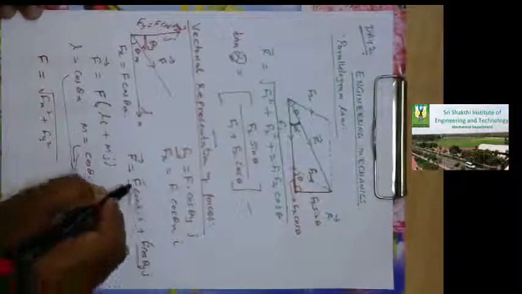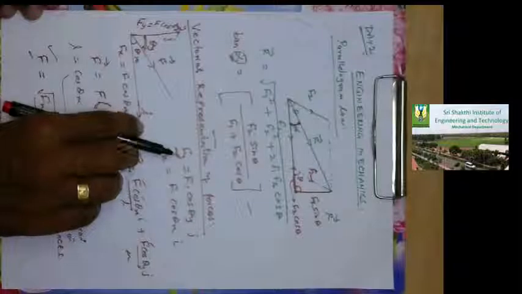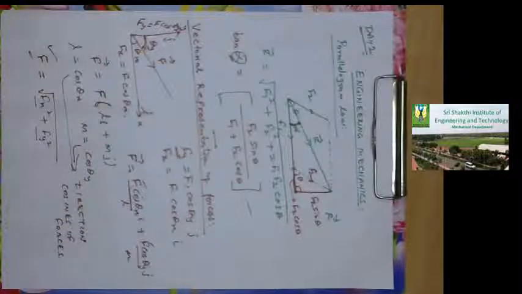When I know F cos theta x and F cos theta y, these are my Fx and Fy. So square Fx and Fy, add them, and take the square root. That will give you the value of the F vector.